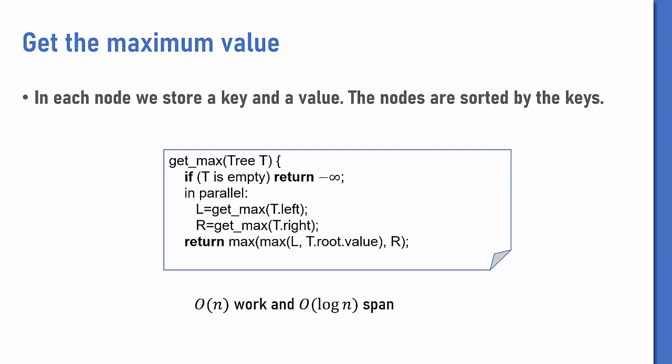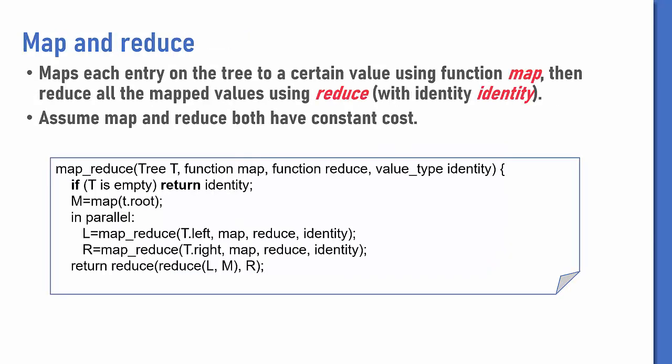Actually, a more general version of this algorithm works for any map-reduce style function. Let's see how it works. Assume we have a tree storing a bunch of entries, and we are given a function called map that can map each entry in the tree to a certain value. And then we're given another function called reduce that can be used to combine the values. The reduce function also has an identity, called identity.